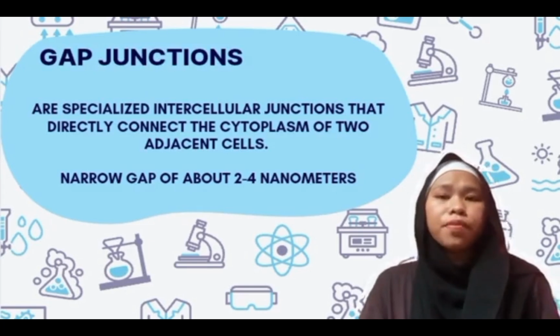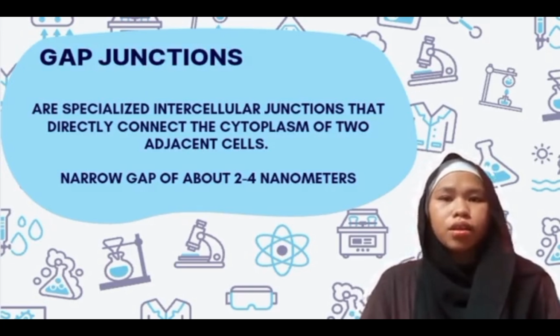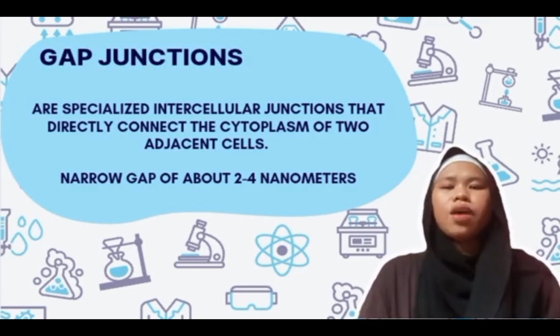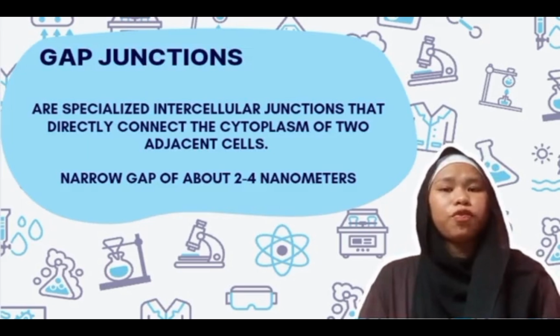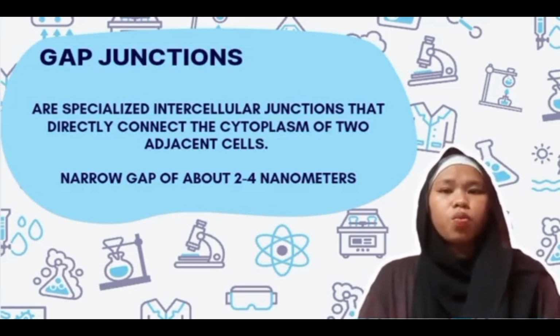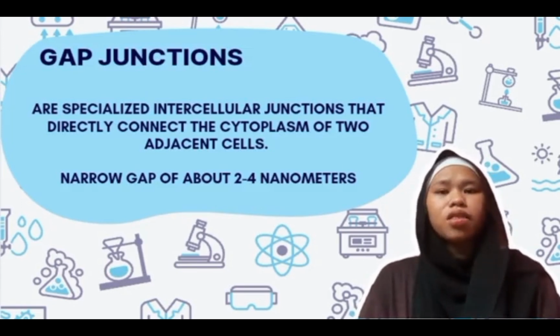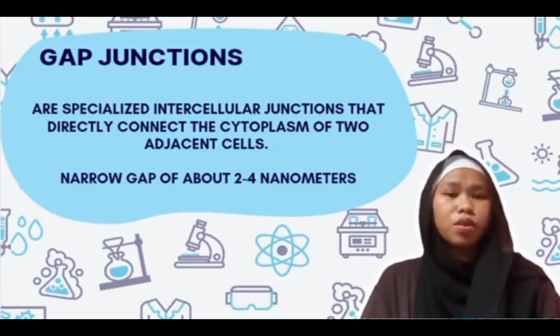They are formed by the close opposition of the plasma membranes of these cells, with a narrow gap of about 2 to 4 nanometers between them. This gap is spanned by connexins, which are transmembrane protein channels that allow for the passage of small molecules and ions between the cells.